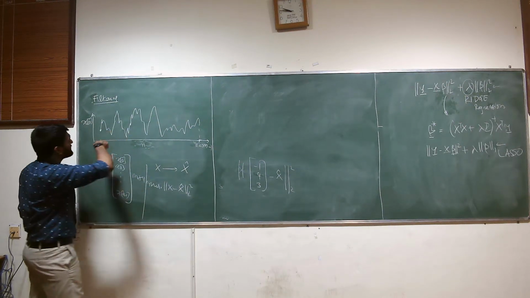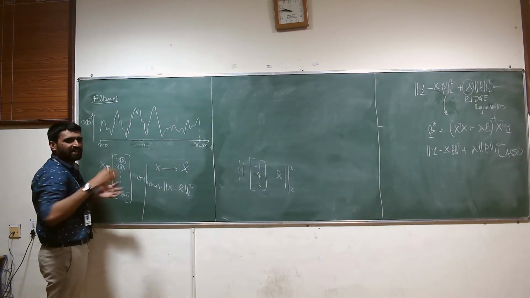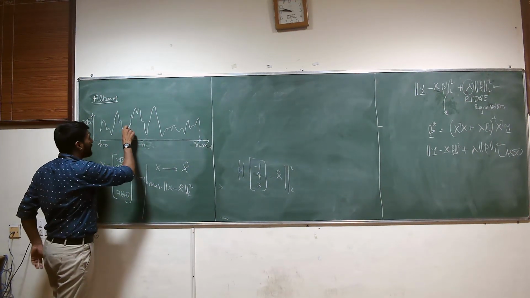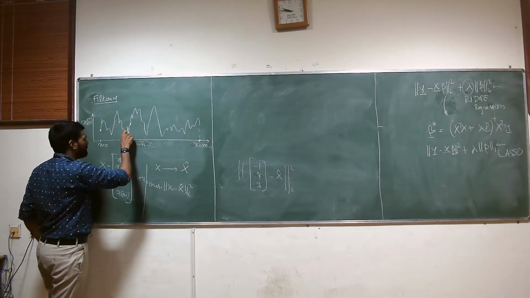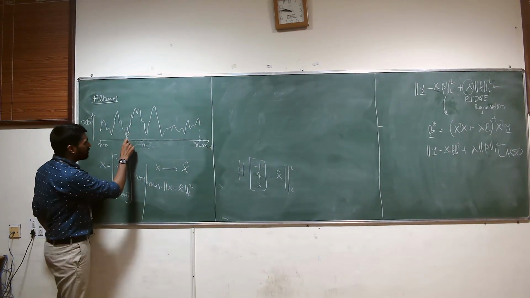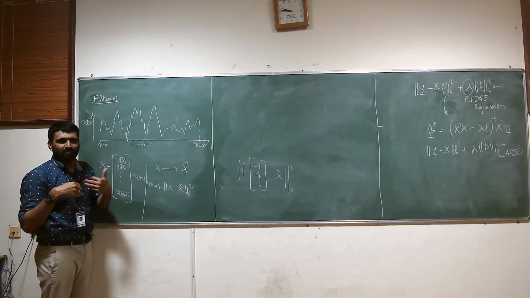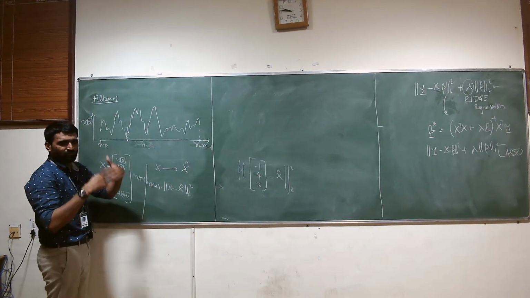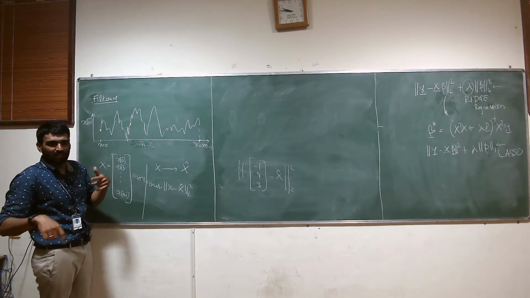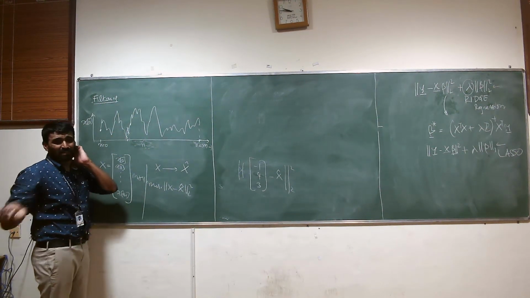But the filtering that we're talking about is, let's say we know this signal does not vary very fast. That means if this is my current value, I know that my adjacent value cannot be very different from my current value. Is that clear? Because I know that this is a slow varying signal, and these fast variations that I see are essentially noise.